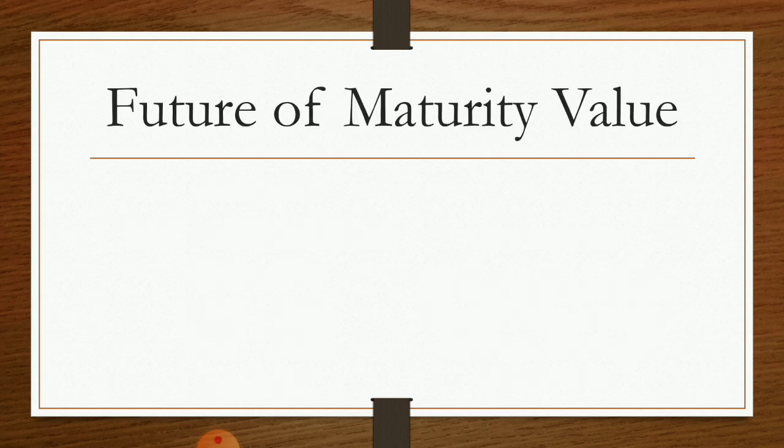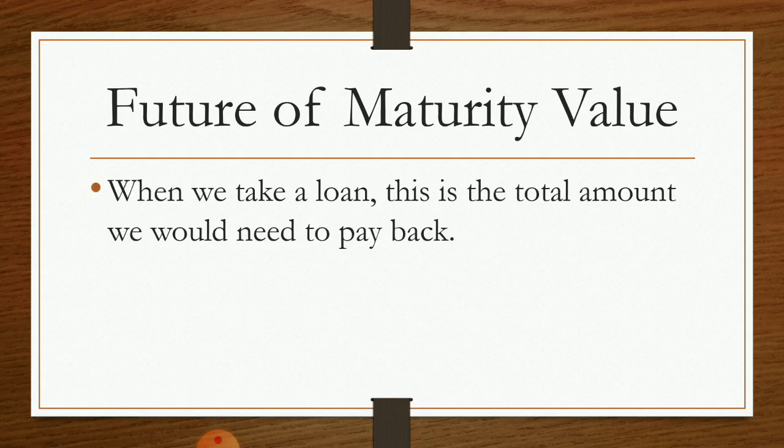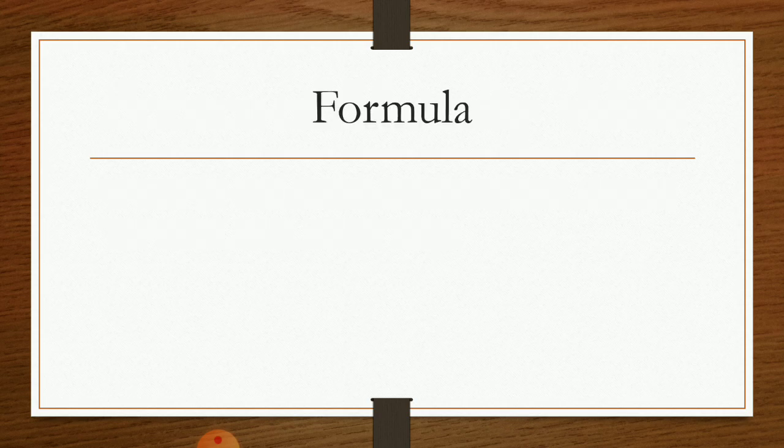Next is the future or maturity value. When we take a loan, this is the total amount we would need to pay back. So it means that the principal is added to the interest. So it is given in the formula.